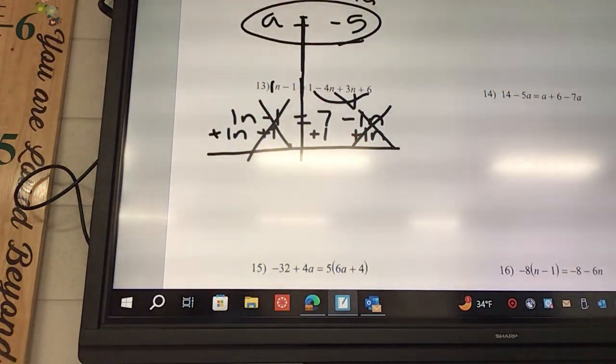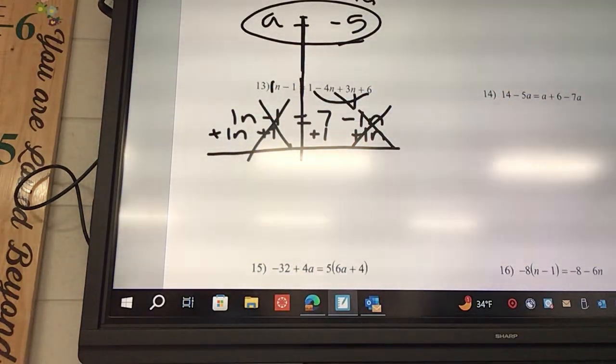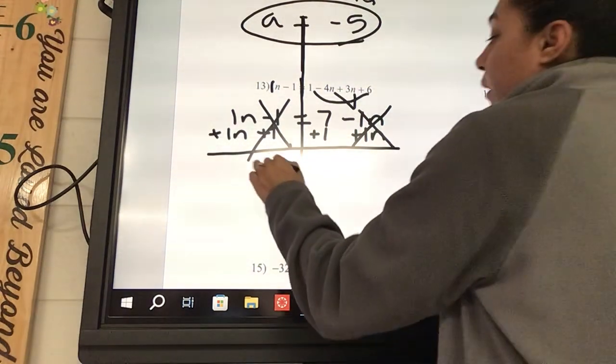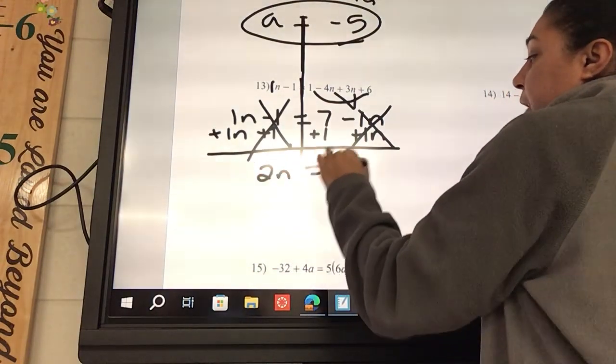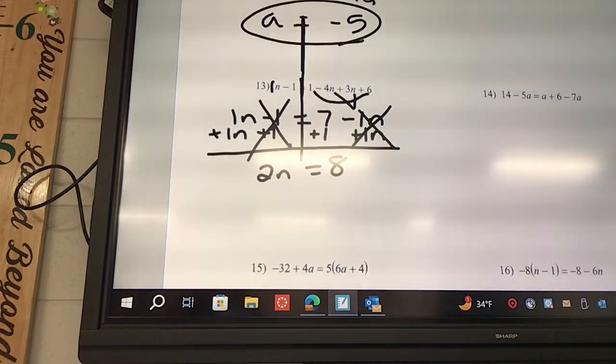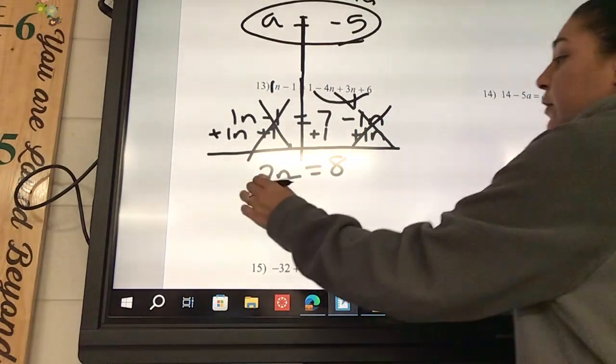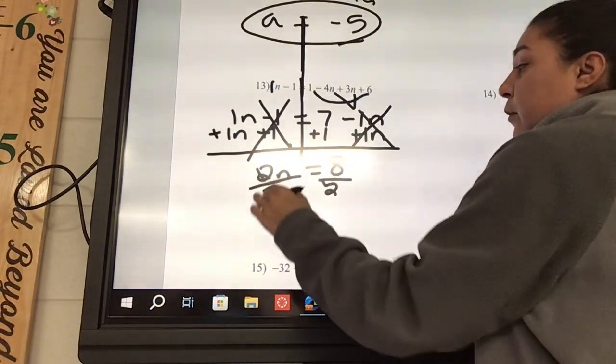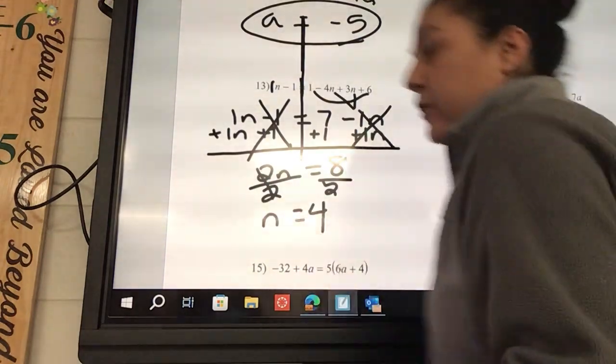And realistically, you should have 2 big X's on both sides where something cancels out. Okay, so 1 plus 1n is going to be 2n, and 7 plus 1 is going to be 8. Okay, and then I'm going to divide by 2 on both sides, and that's going to be n equals 4.